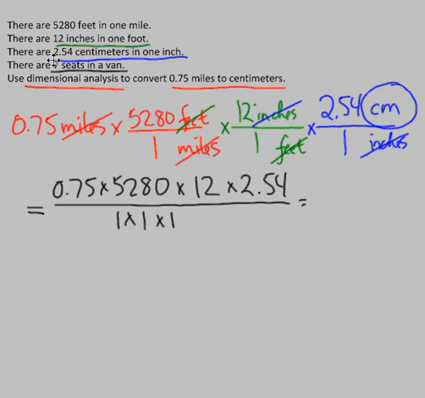So to figure this out on my calculator, 0.75 times 5,280 times 12 times 2.54 divided by 1 divided by 1 divided by 1. And I am coming up with 120,700.8. And that is in centimeters. So there are 120,700.8 centimeters in 0.75 miles.